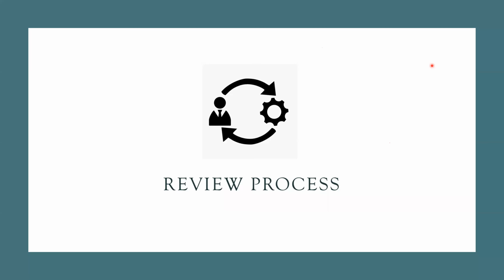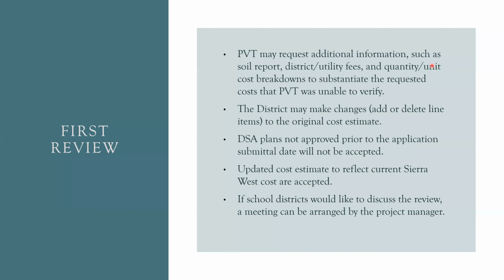Okay, review process. During the first review, PBT may request additional information such as a soils report, district utility fees, and quantity or unit cost breakdowns. Also, the district may make changes to their cost estimate.